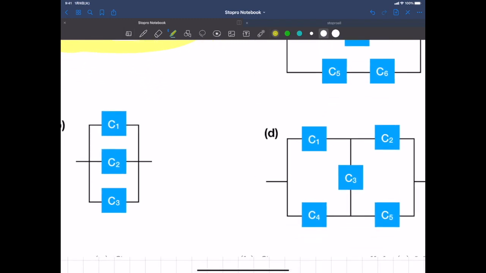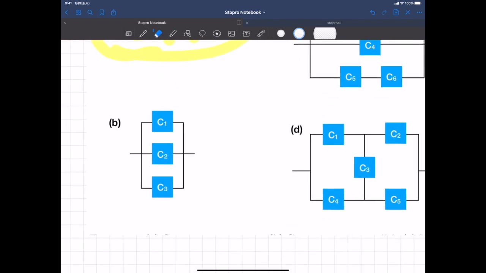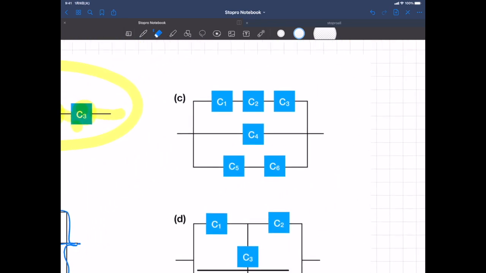And in another example, 3 components may be arranged in parallel. So if something goes in, it is split into 3 paths. They are processed independently in parallel, then put together at the end. So this is a parallel system. An even more complicated system is like this. They are both parallel, but in each path there may be multiple components.